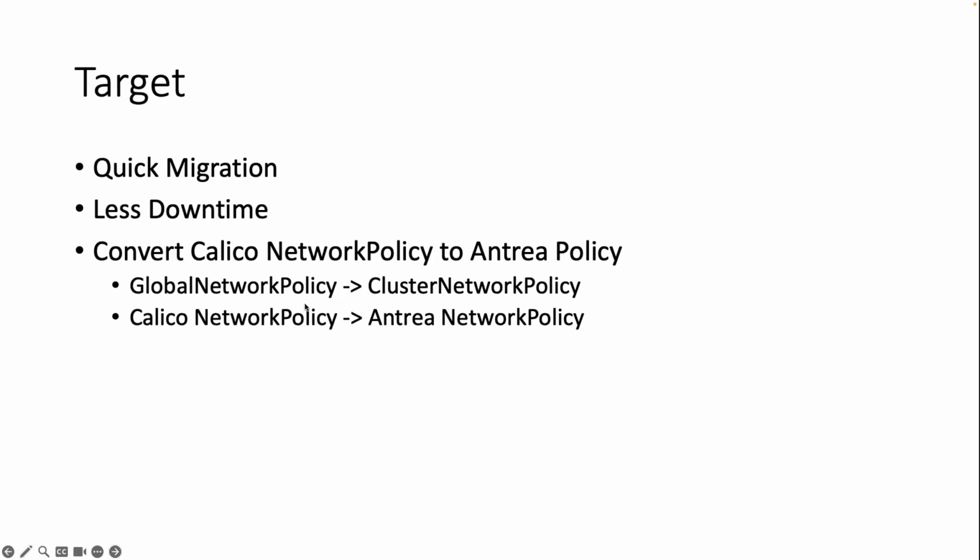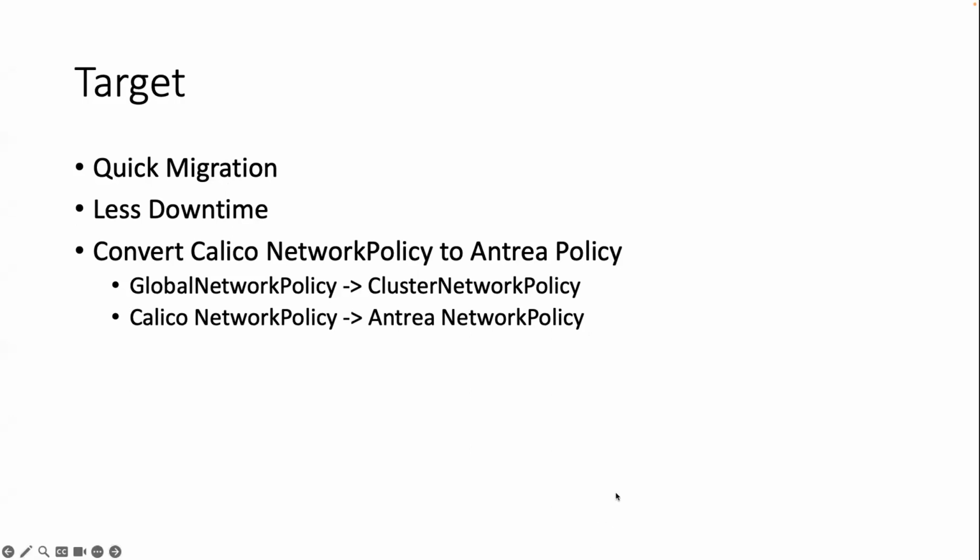There are custom network policies in Calico and Antrea, which are global network policies and Calico network policies in Calico. In Antrea, they are cluster network policy and Antrea network policy. We would like to convert the global network policy to cluster network policy and Calico network policy to Antrea network policy. This is our target, 3 targets. Actually, the first one and the second one are the same.